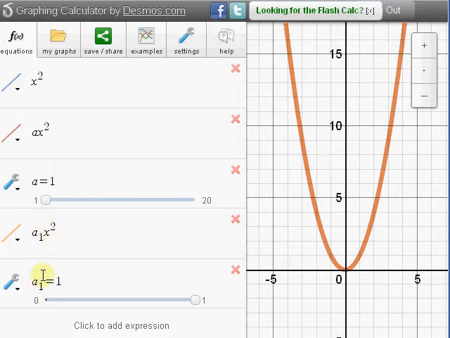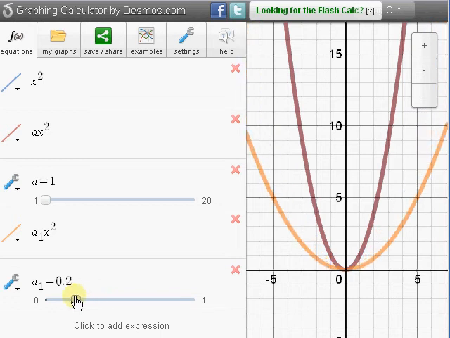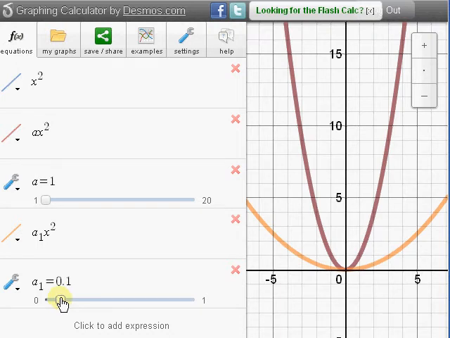So larger than 1, it gets narrower. Okay, so what if it's less than 1? Well, it could go from 0 to 1, and notice what happens here. As we move this over, notice how the orange graph is spreading out. It's getting wider and wider. The smaller we get here, this would be 1/10. Notice how wide it is, continuing down.